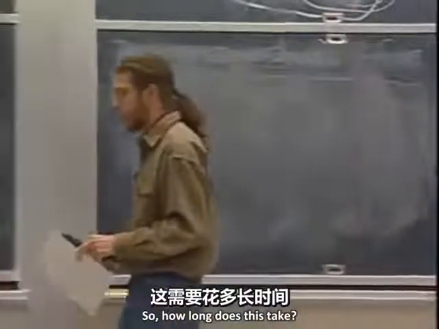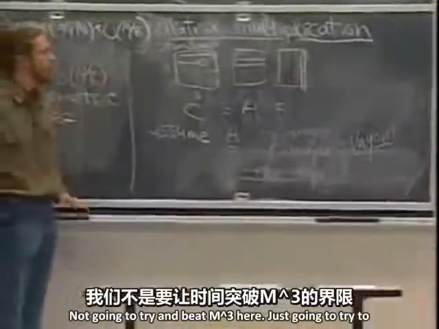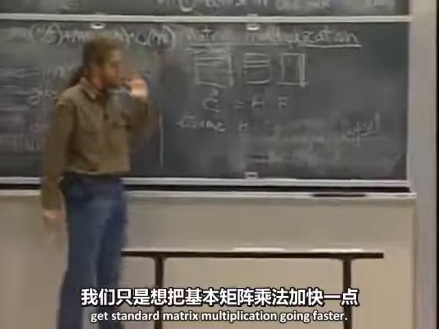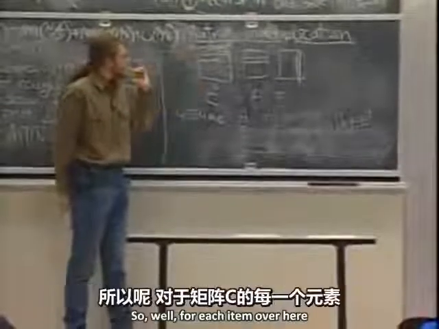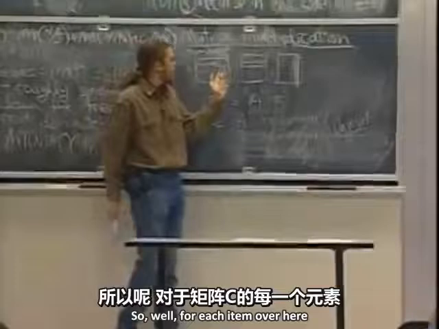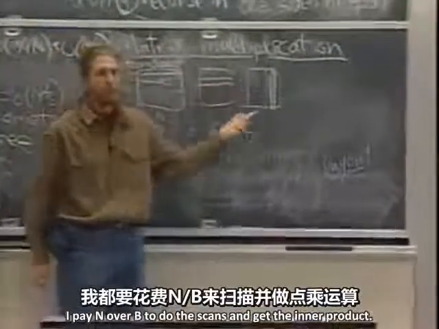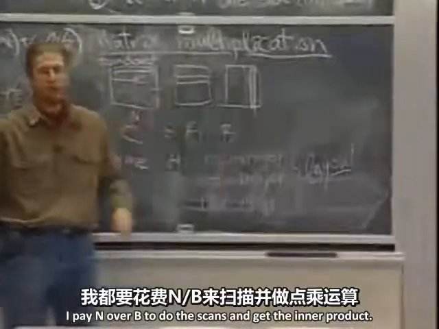So, how long does this take? How many memory transfers? We know it takes n cubed time. I'm not going to try and beat n cubed here. Just going to try to get standard matrix multiplication going faster. So, for each item over here, I pay n over B to do the scans and get the inner product.